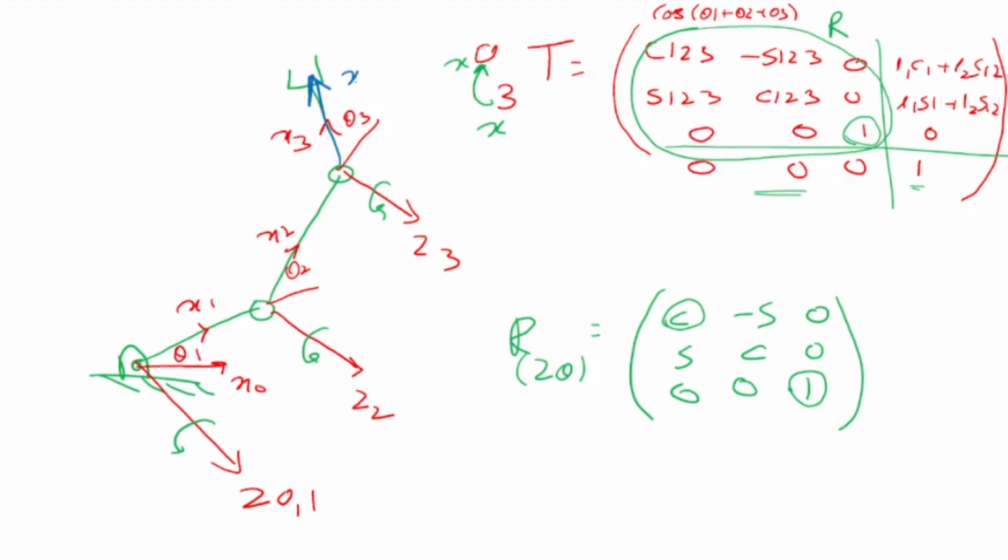Where is x0? x0 is here. So what is the rotation of x3 with respect to x0? First x0 is rotated by theta 1, so it went here. Then it is rotated by theta 2, it went there. Then it is rotated by theta 3, and then it went there.